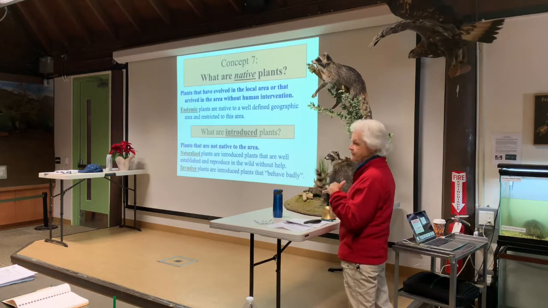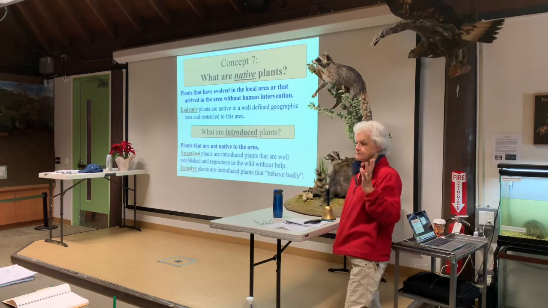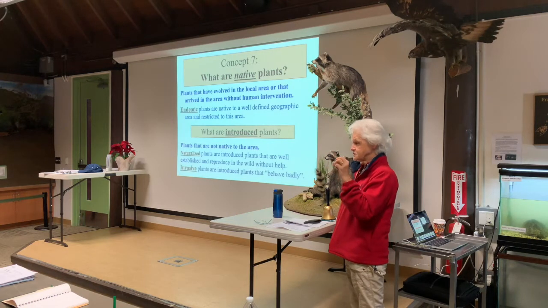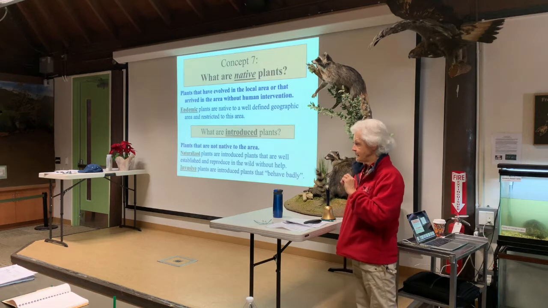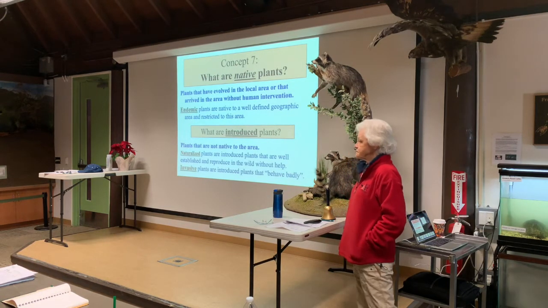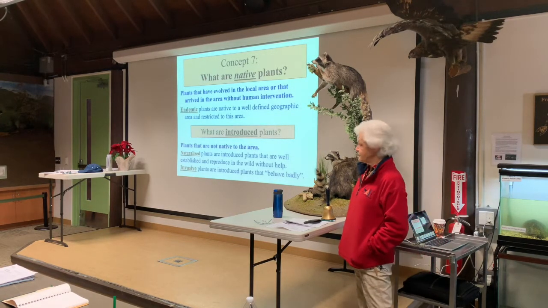The limiting factors are the animals and the bacteria. When I talk about animals, I don't talk just about big mammals, but tiny insects and reptiles and anything that makes use of the plant.